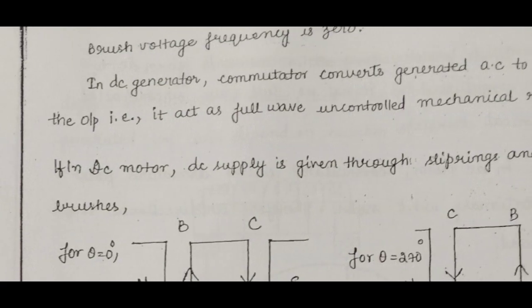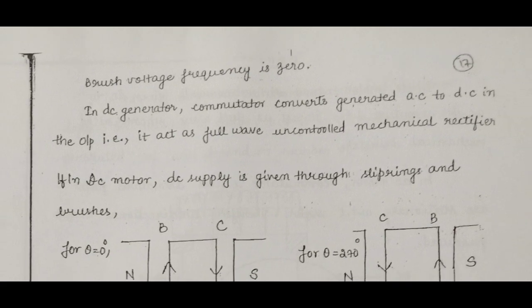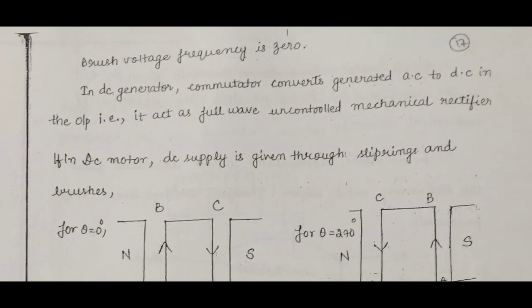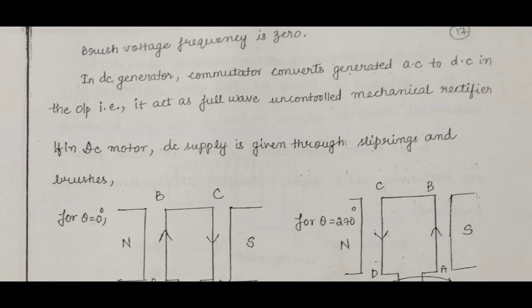In a DC generator, the commutator converts generated AC to DC at the output. It acts as a full wave uncontrolled mechanical rectifier.